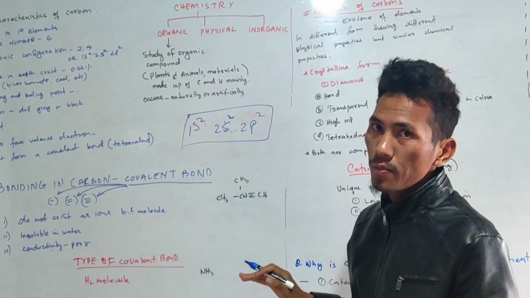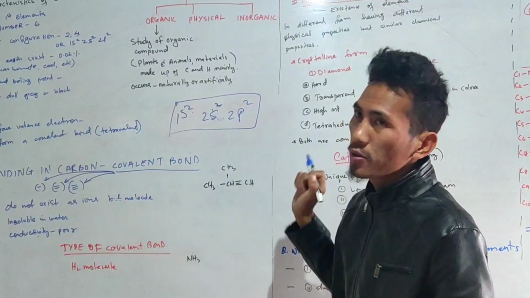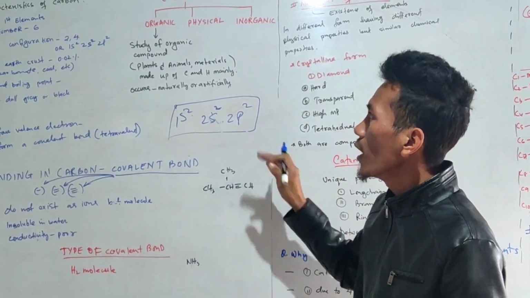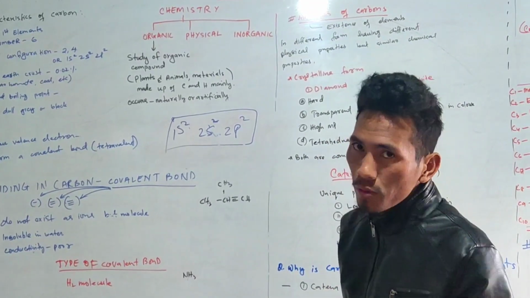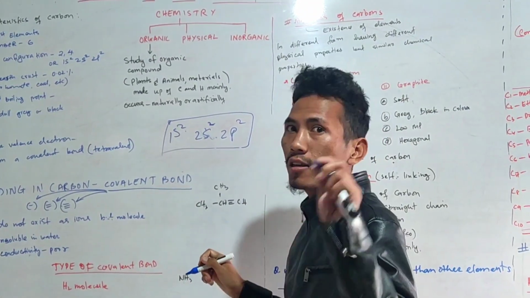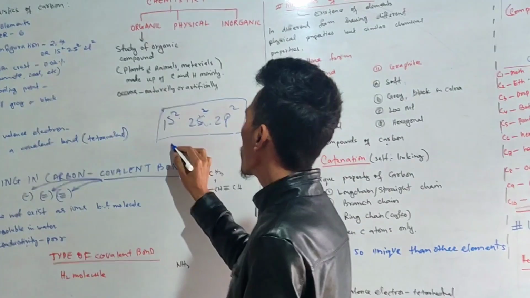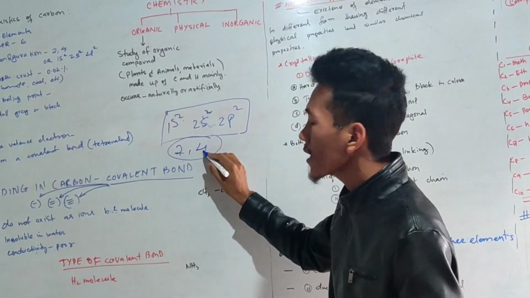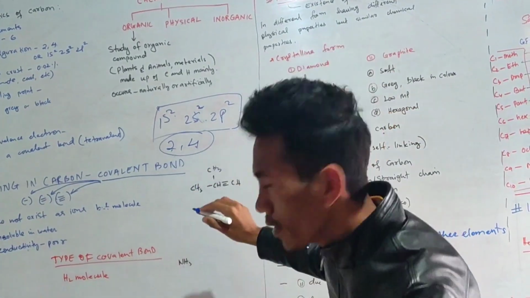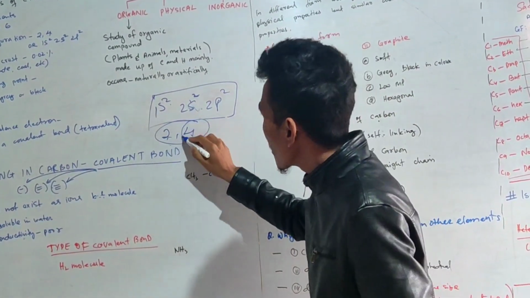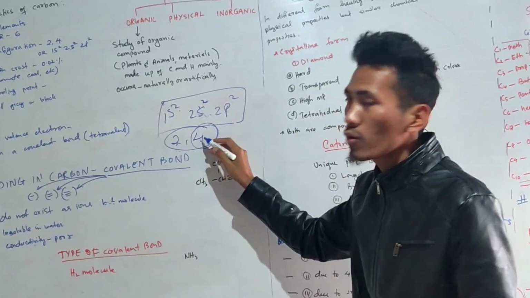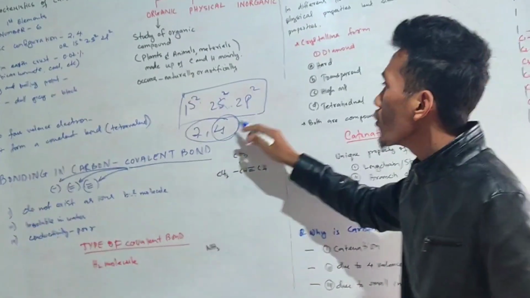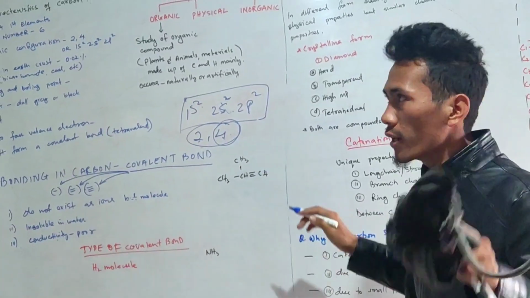In class 10, at this level, we can also write it as 2, 4. This is the K shell, and this is the L shell. The last electrons are known as valence electrons, and also valency. Carbon has 4 valence electrons and a valency of 4.